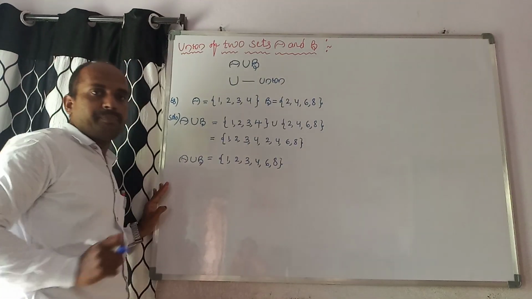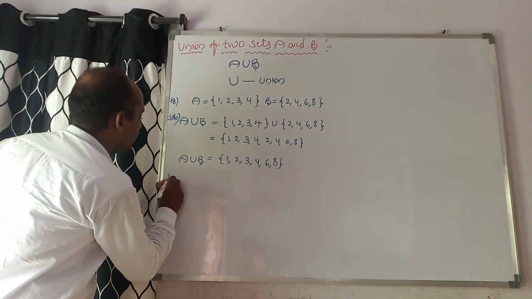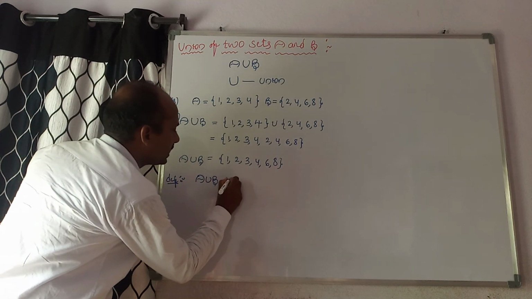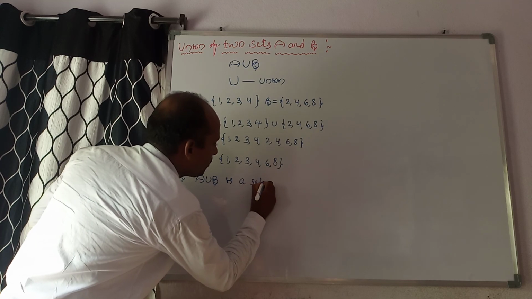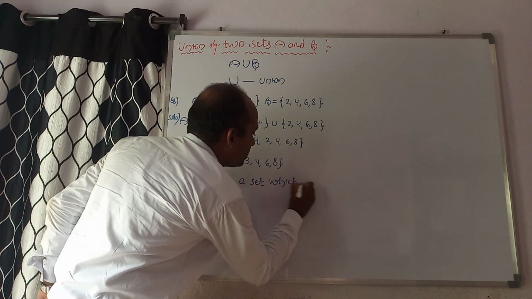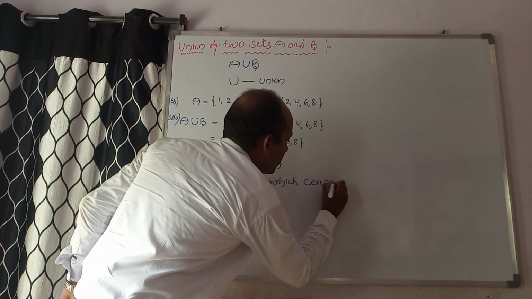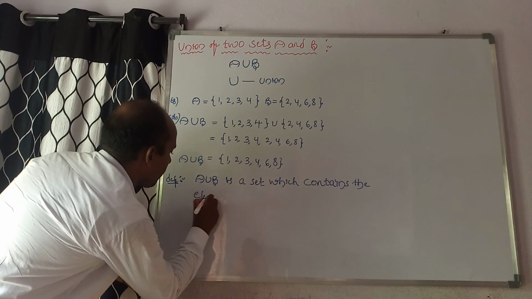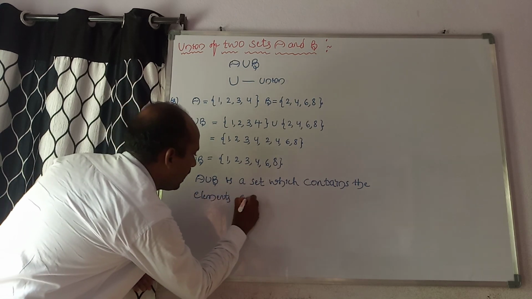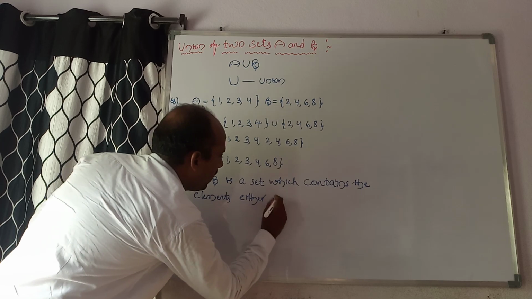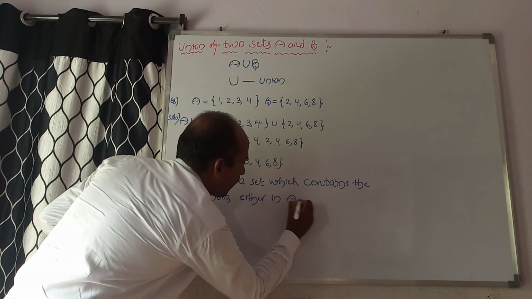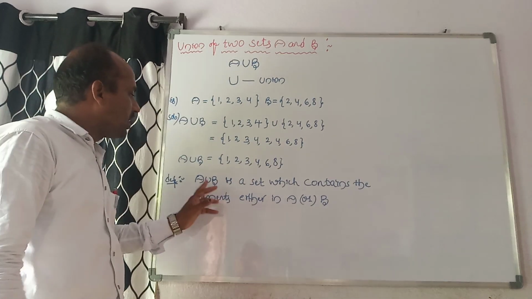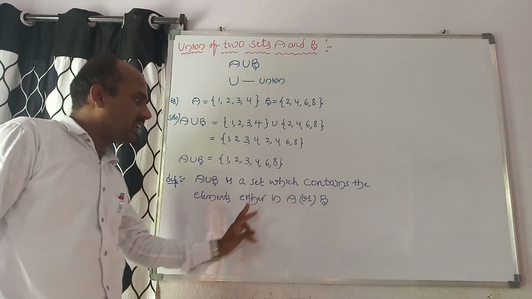This is the answer for A union B. The final definition: A union B is a set which contains the elements either in A or B.